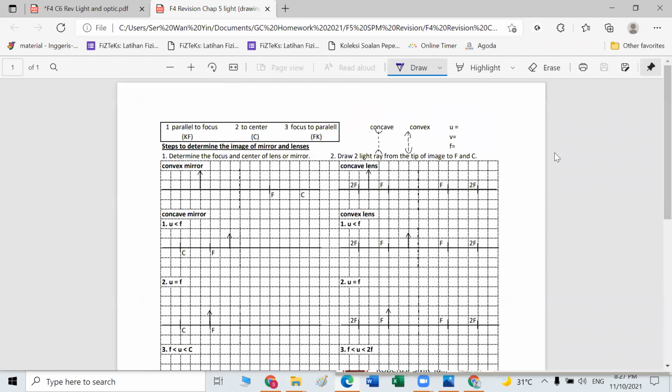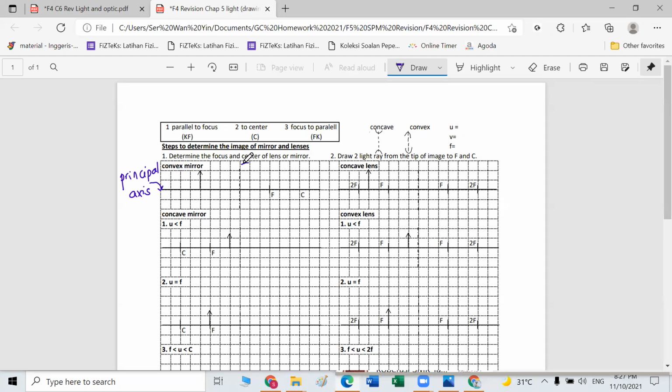You might see the dotted lines here. The dotted line here is the line perpendicular to this horizontal line. What is this horizontal line? This horizontal line is called principal axis. So when I say draw principal axis, I'm saying draw the horizontal line.